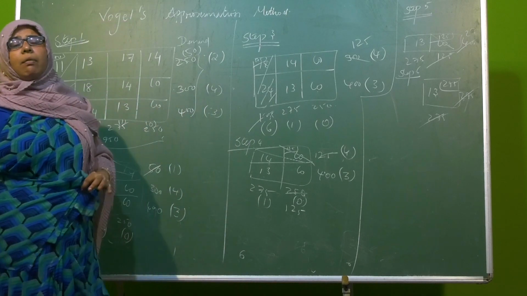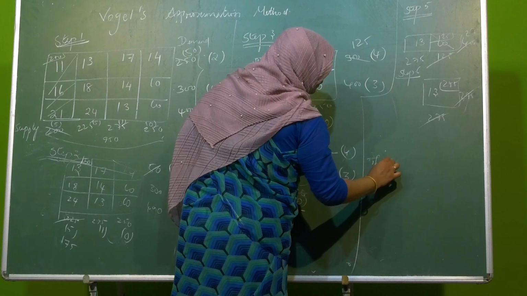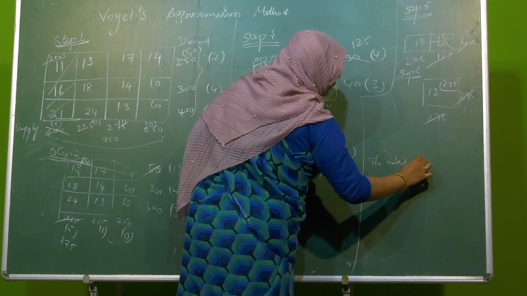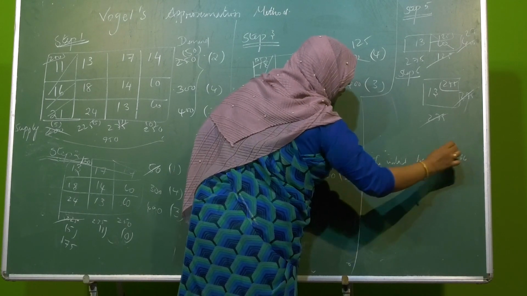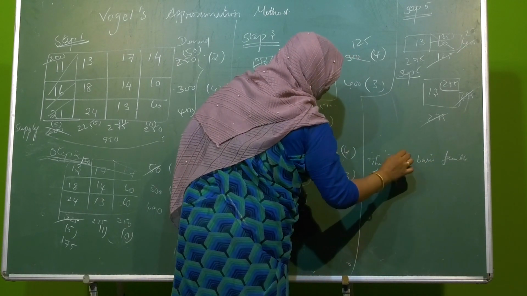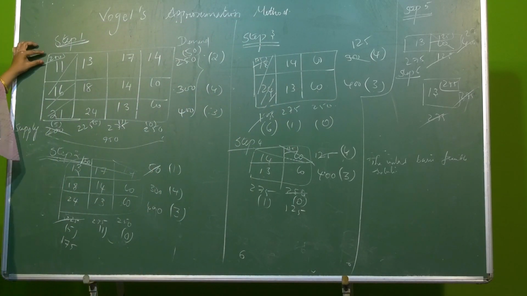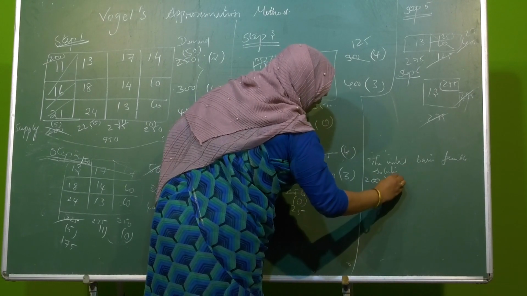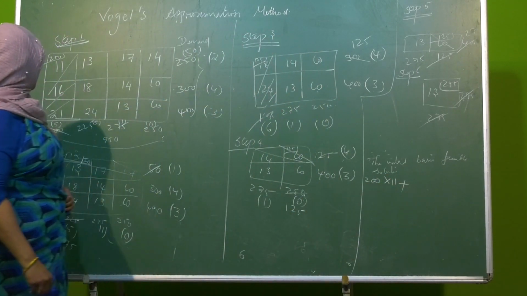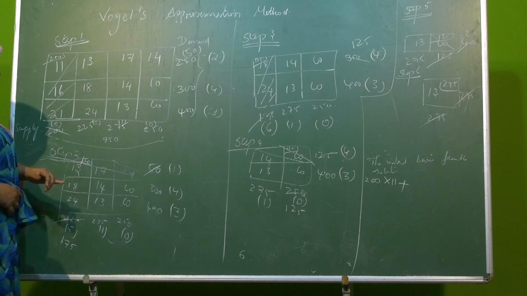Now we will find the initial basic feasible solution. The initial basic feasible solution is: you have to multiply the allocated value into the cell value. In step 1, 200 into 11, plus step 2, 50 into 13.